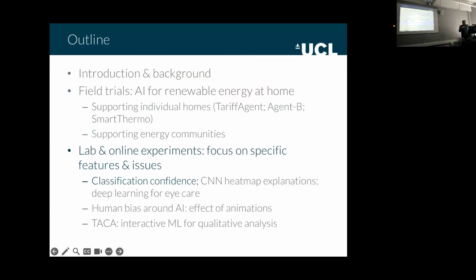So in parallel to the field studies I've just described, another strand of my work uses a more constrained approach, lab studies or online studies, to focus on specific features of the UIs around AI and ML systems.